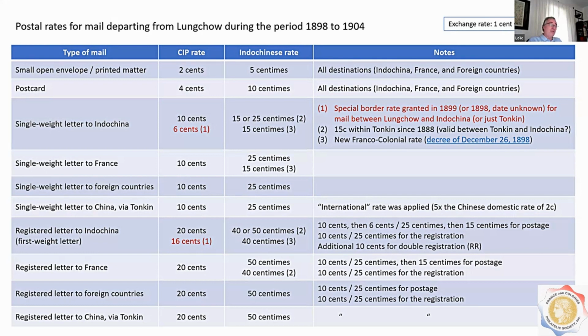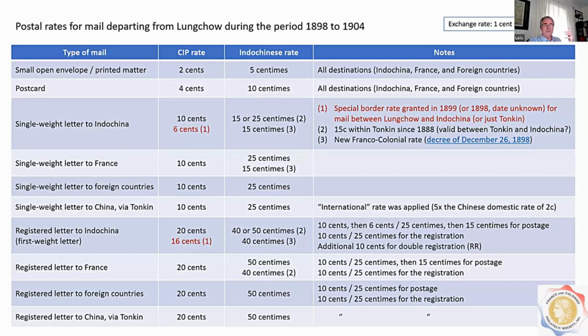There was also, to make things even more complicated, a short period in early 1898 when the exchange rate between the French franc and the piastre changed, because all of the stamps were sold in piastres in China, even though the facial value was in centime and franc.